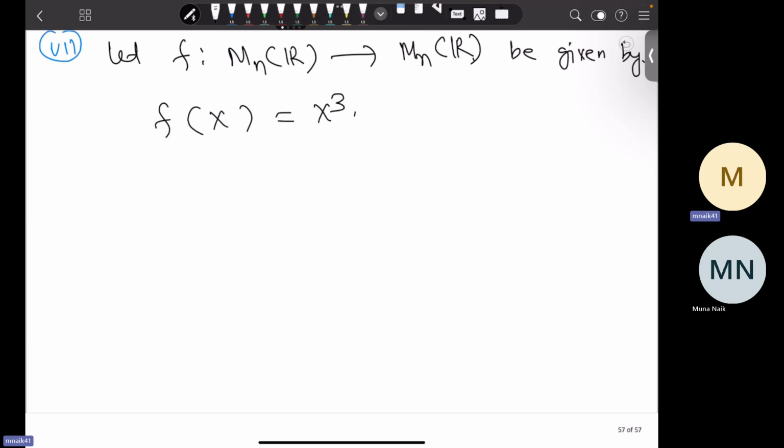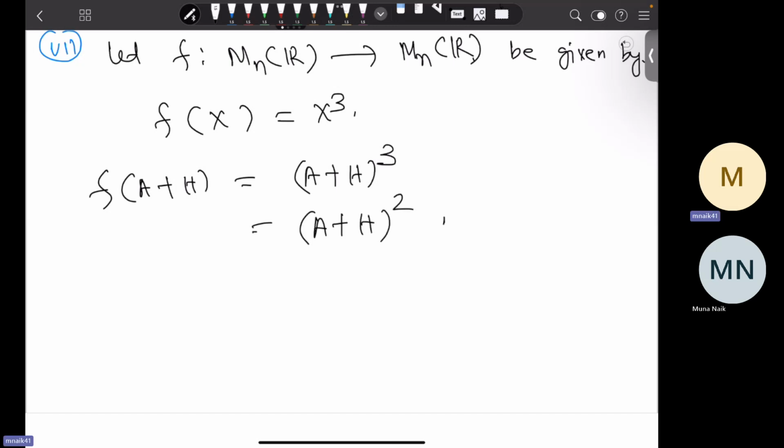Now f(a + h) is (a + h) cubed, and this is nothing but (a + h) squared into (a + h).